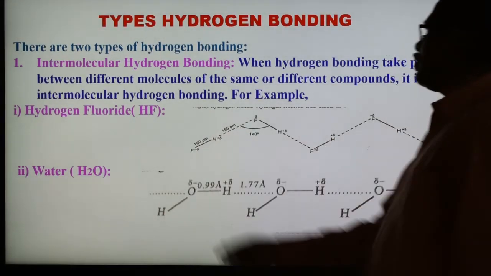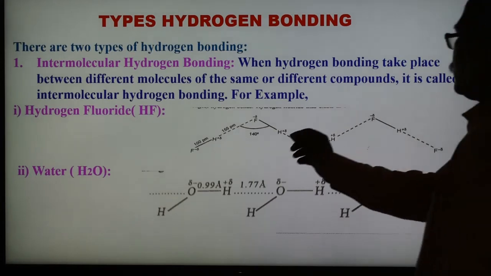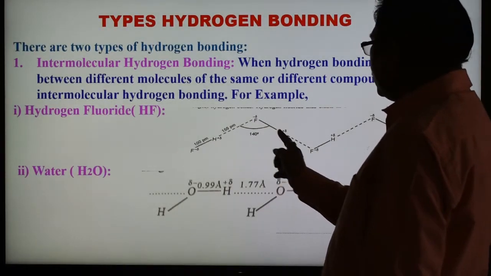The first example shown here is hydrogen fluoride. In hydrogen fluoride, fluorine is the most electronegative element, with an electronegativity value of 4, and it forms the strongest hydrogen bond. See the structure: this is HF, the hydrogen of one molecule, and this is another HF.